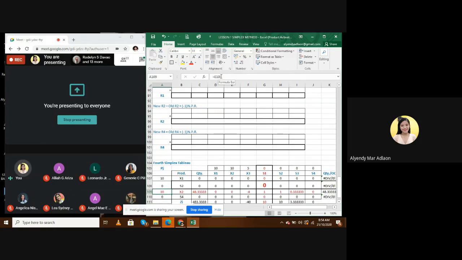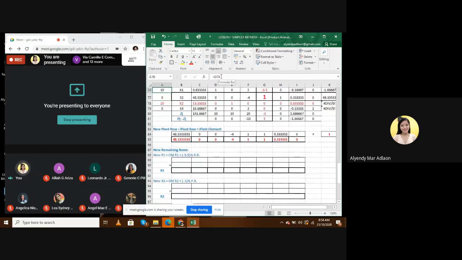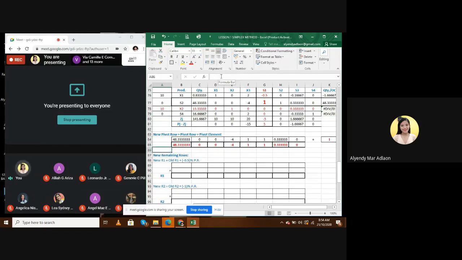Later na lang nato siya i-kuan class, ibalhin ato asang isolve daan tanan, no? So for the new remaining rows, since row 2 man ni, no, ang ato ang new pivot row, so for the remaining rows we have x1, no? Si x1, this is the row 1. So old row 1, you just copy that one and then you drag and then plus the kani. So, new pivot row multiplied by the element in the optimum column.